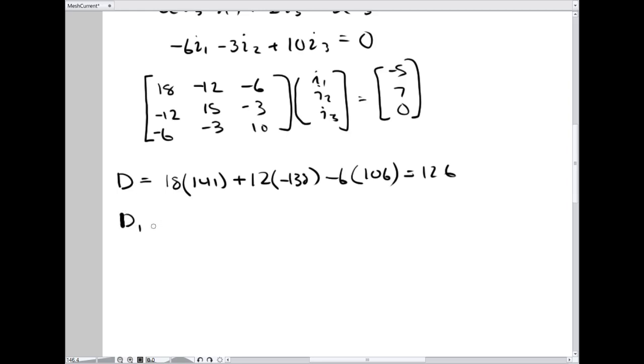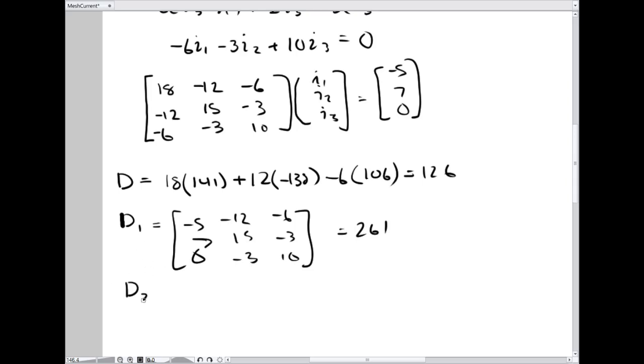D1 is the determinant of, if I put this into the first column, my signs 5, 7, 0, minus 12, 15, minus 3, minus 6, minus 3, 10. And I'm going to evaluate that, I'll be back. And that comes out to be 261.